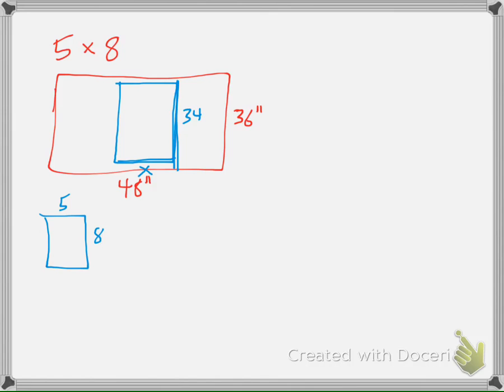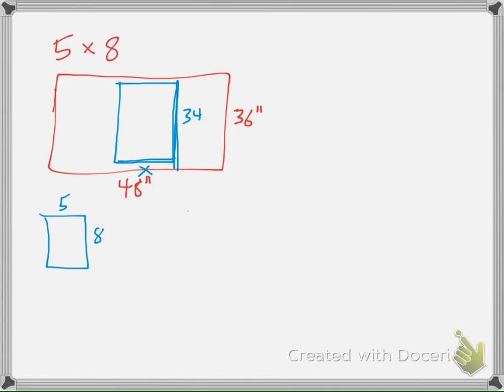That's a really big picture. That's our unknown. It can't be 46, because if it's a 5 by 8 picture, it's going to be taller than it is wide here, right? So this is our longer side. Our longer side is 34, so we would have to set up a proportion to solve this, okay?